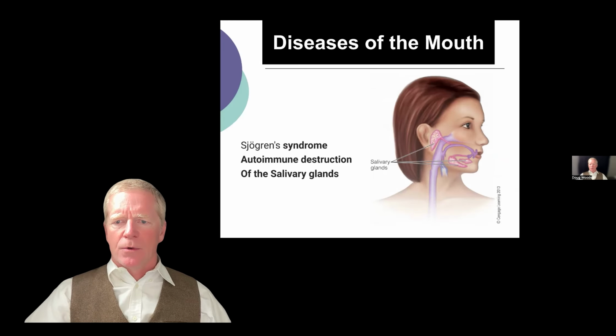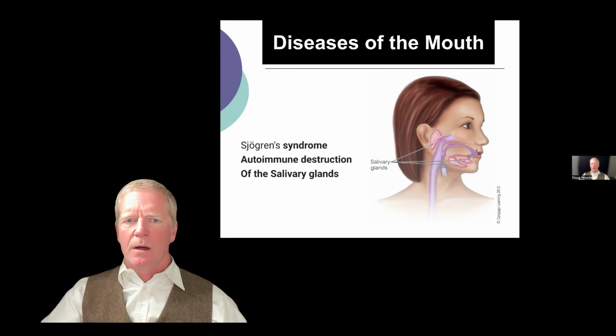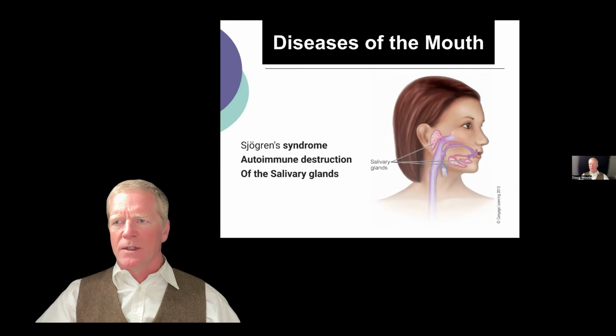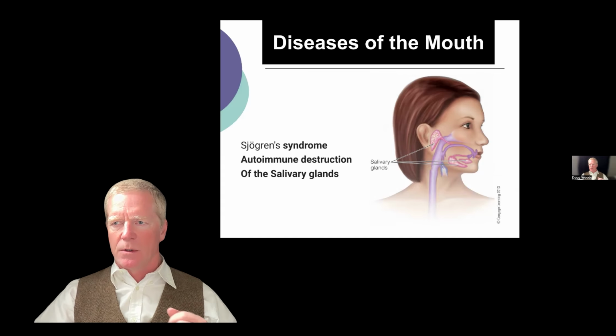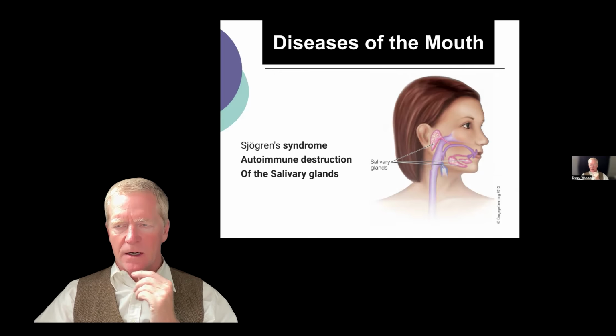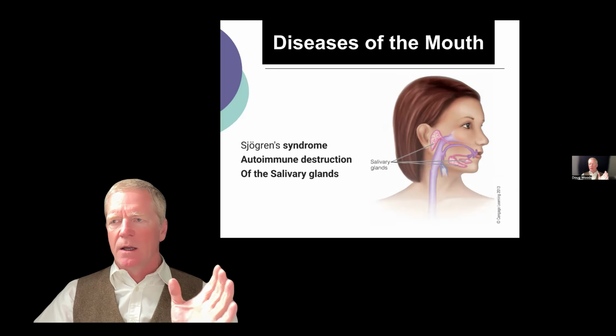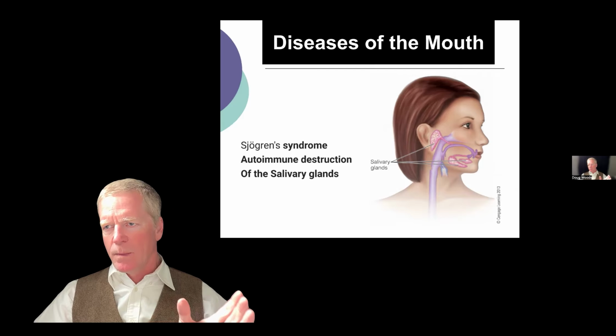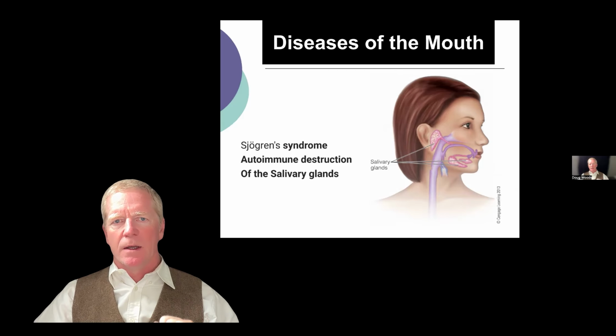As we go through Anatomy and Physiology 40C, I'm going to have a focus on disease. So as you learn the anatomy and physiology, you'll also learn about the diseases that are associated with the various anatomical parts of the body. One of the first diseases associated with the mouth and chewing and saliva is Sjögren's syndrome.